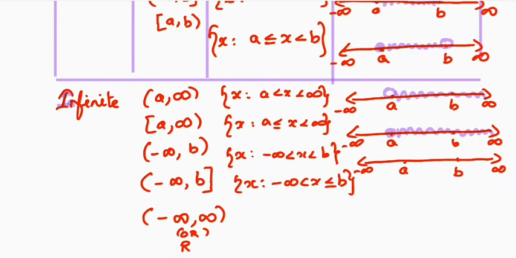So for the third one, the diagram is here minus infinity to b. So minus infinity here, b is not included. So it will come the set of all real numbers starting from minus infinity to b, and b is not included.